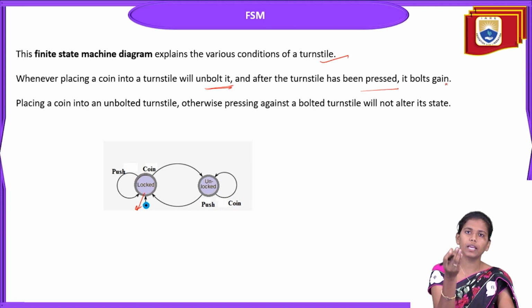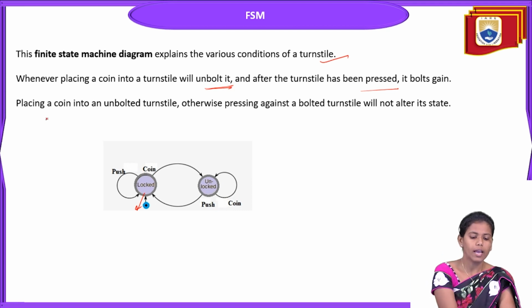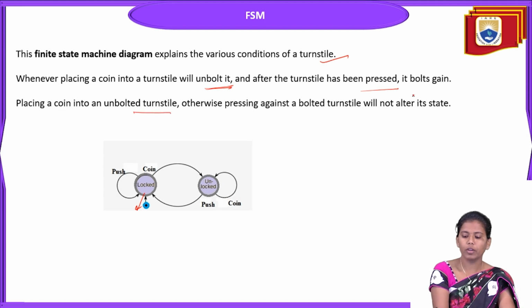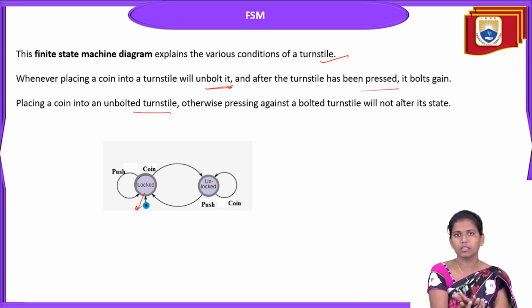So if you place some coin on a turnstile, it unbolts. But after some time, if you press the turnstile, the coin will go through. If you press it, it bolts again.